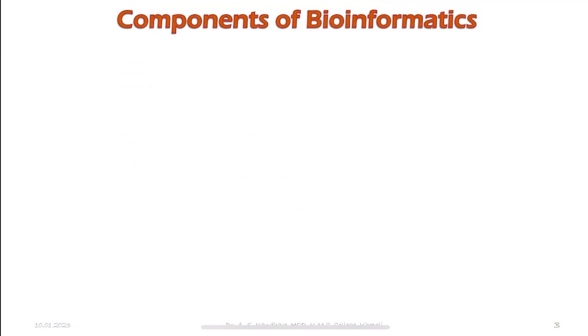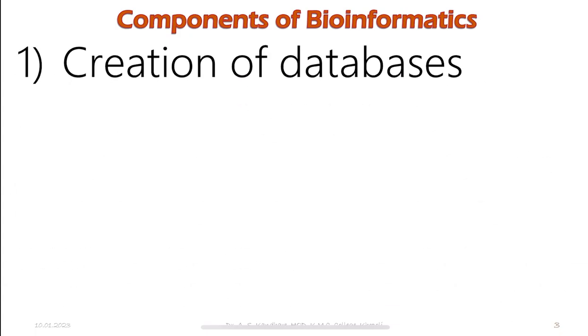So first of all, let us see, what are the components of bioinformatics? The main component of bioinformatics is creation of databases. तो databases की निर्मिति करना ये bioinformatics का prime aim है. So therefore, a vast database has been created now.